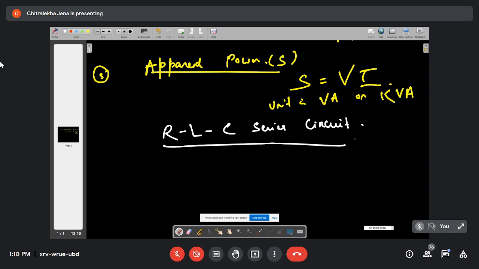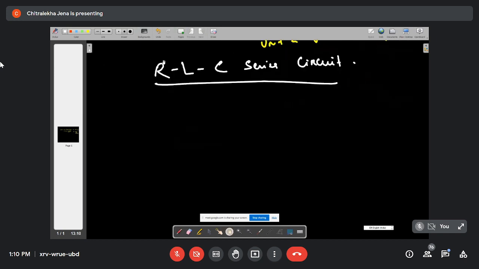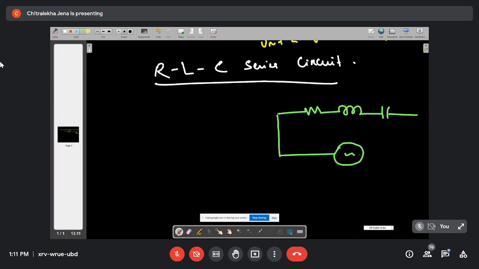Now in RLC series circuit, what we are doing, we are connecting a resistor, an inductor and a capacitor, all in series with an AC supply, where the instantaneous value is given as Vm sin omega t.